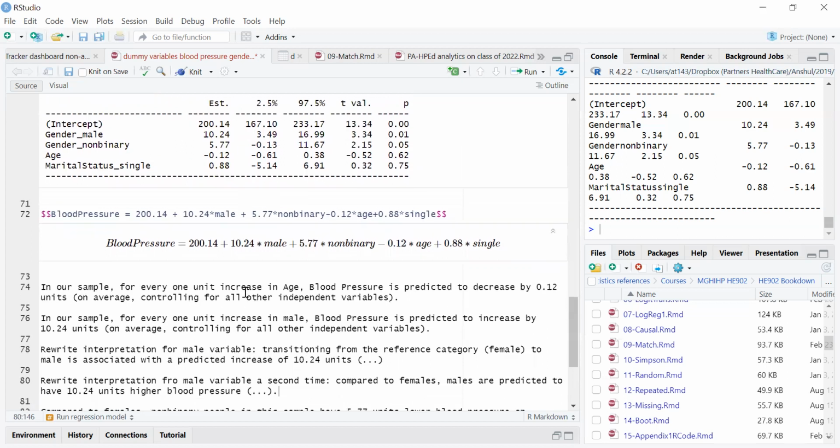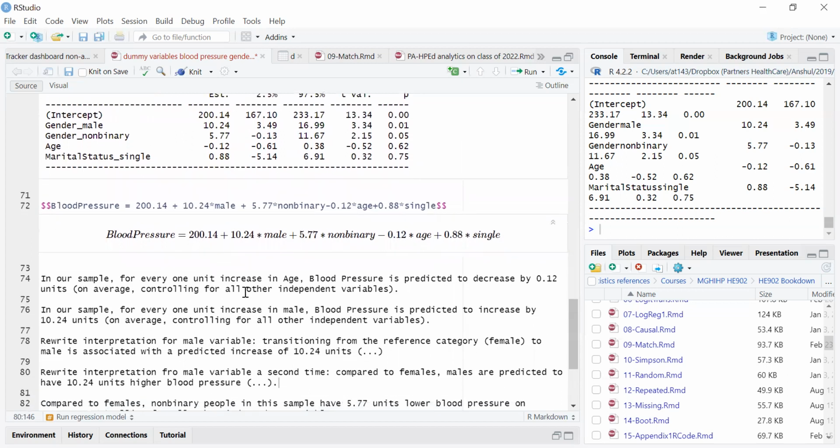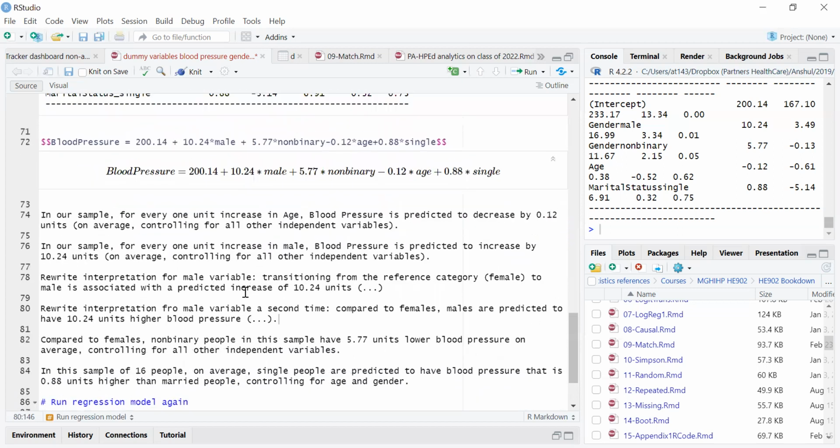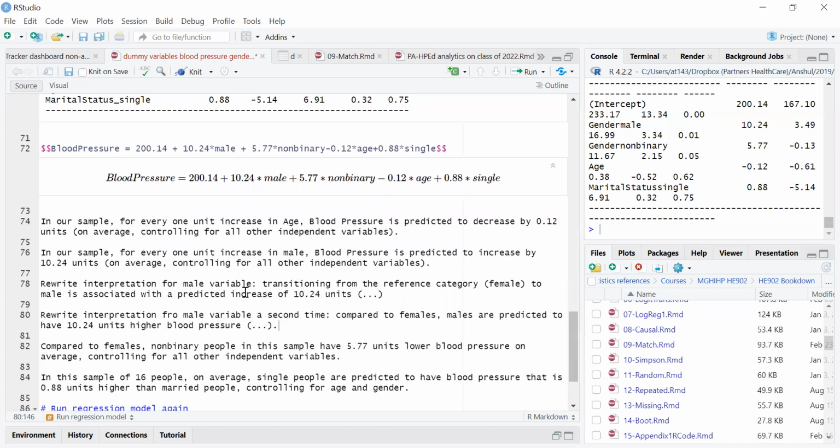As long as you're getting that message across in your written interpretation and spoken interpretation of the results, it's completely fine to change how exactly you phrase it beyond that.